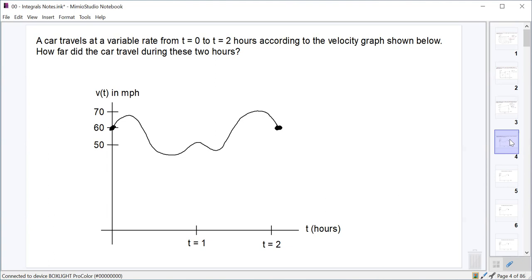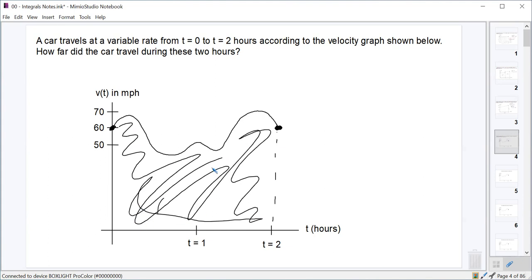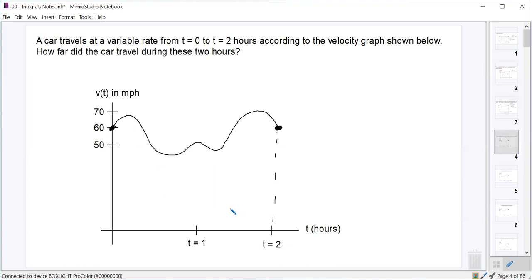So we know that the total distance that we traveled should be equal to whatever this area under our curve is. But since we don't have a good way to find that area, the best thing we can do here is come up with a method to approximate the area under the curve.